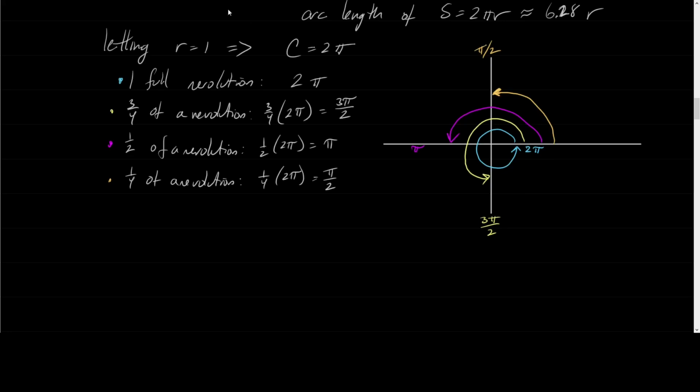If I said 1/3 of a revolution, excuse me, 1/6 of a revolution, that would be 1/6 of 2 pi, which would be pi over 3, and that would be approximately here, pi over 3.